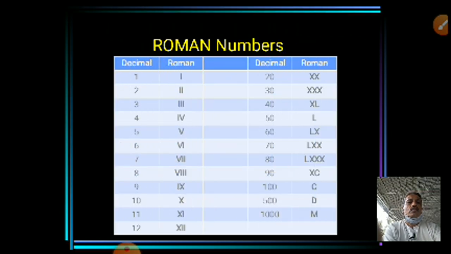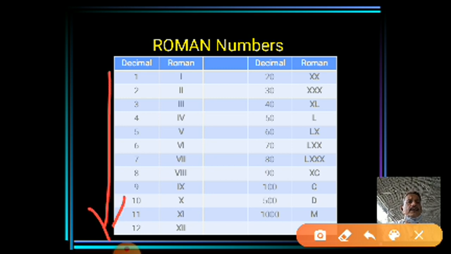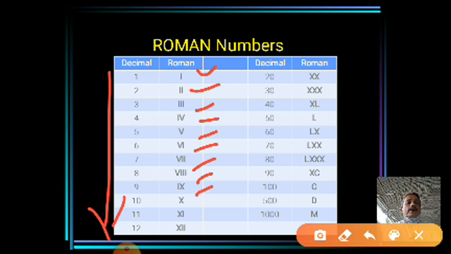The third is Roman numbers. Yes students, you may have found these types of numbers in your classroom or on some clock. Here I wrote some numbers in the decimal way because we are using the decimal system. And Roman numbers: how to represent 1, 2, 3, 4, 5, 6, 7, 8, 9, 10.